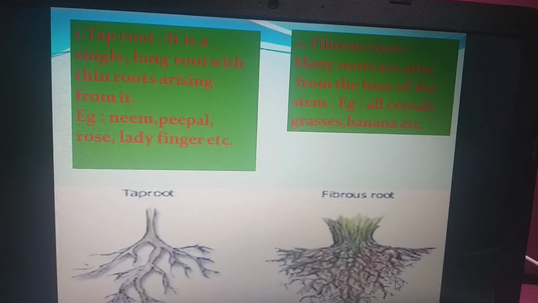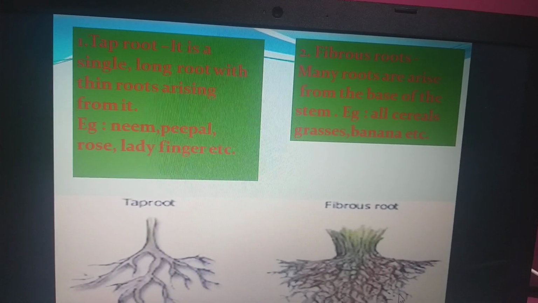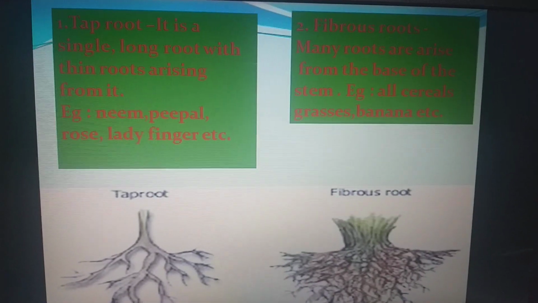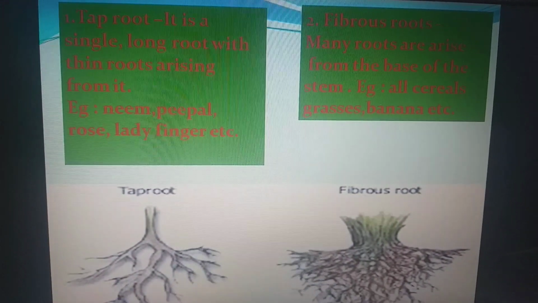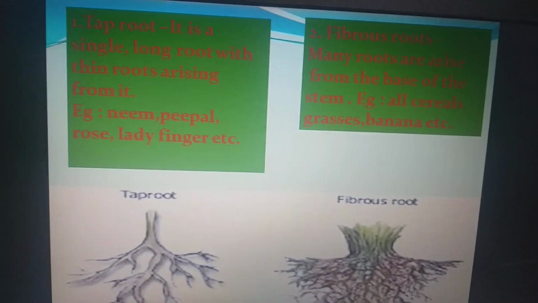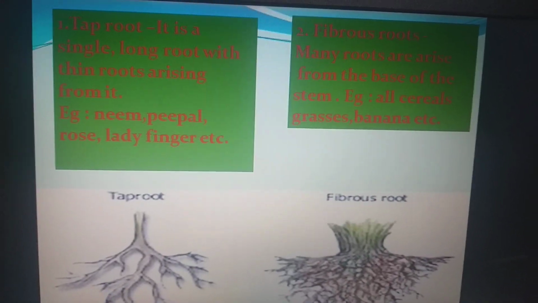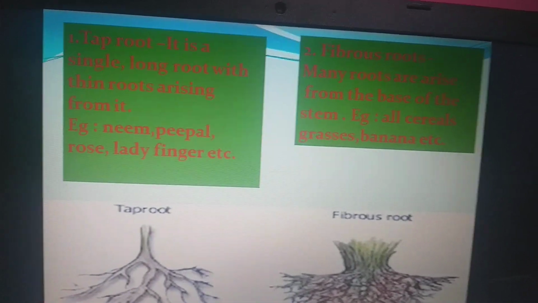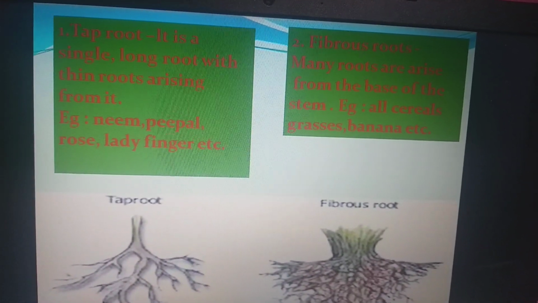What is taproot? Taproot is a single long root with thin roots arising from it, like neem, peepal, rose, ladyfinger. You can see at your home also, like a coriander plant, spinach. They also have taproot.